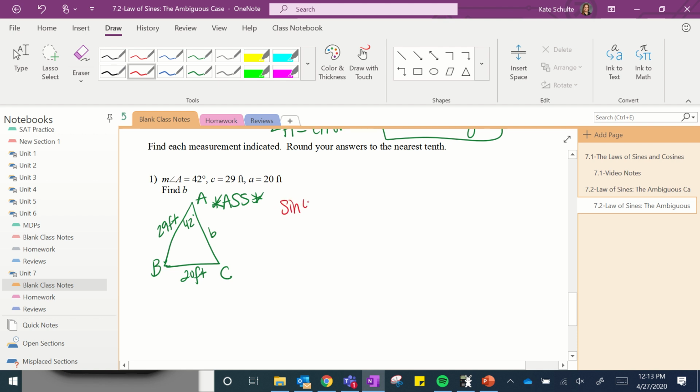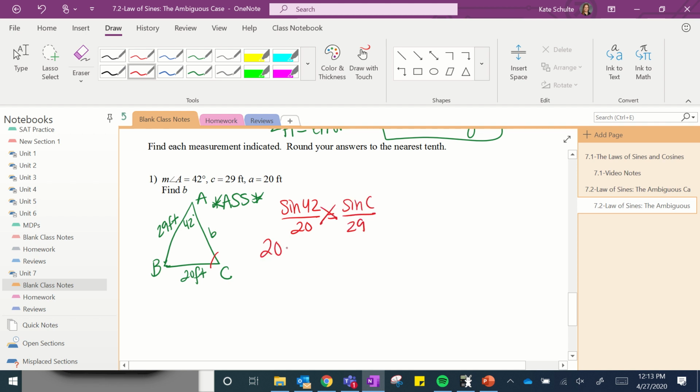I know I'm going to use the law of sines. And I'm looking for angle B, and so there's going to be a lot of work on this problem because I'm not given angle B, I'm only given angle C. Okay, so this is the hardest possible option of problem we could have. So good thing I'll go through this with you on the video. So we've got to start by getting angle C before we can get the B's at all. So sine of C over 29.